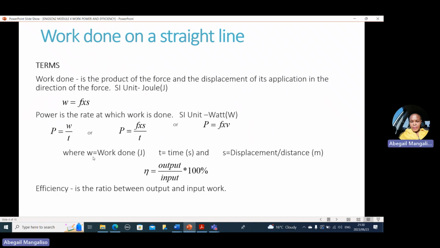Now, W stands for work done and is measured in joules. And T stands for time, is measured in seconds. If time is given in hours or minutes, always change to these units, seconds.